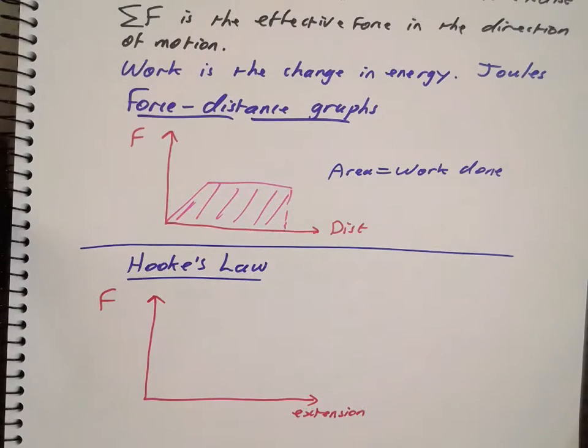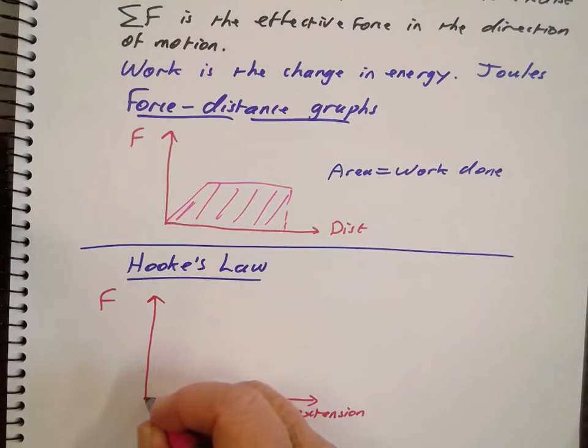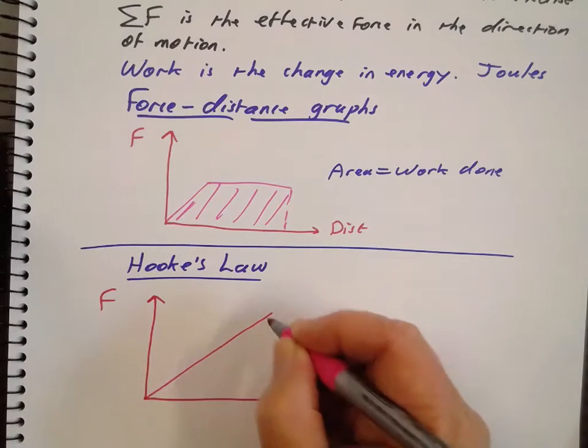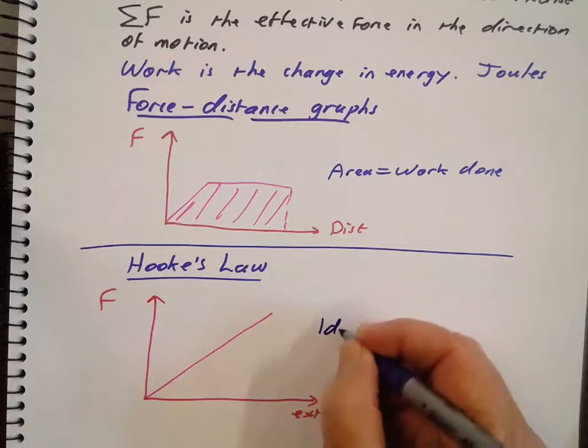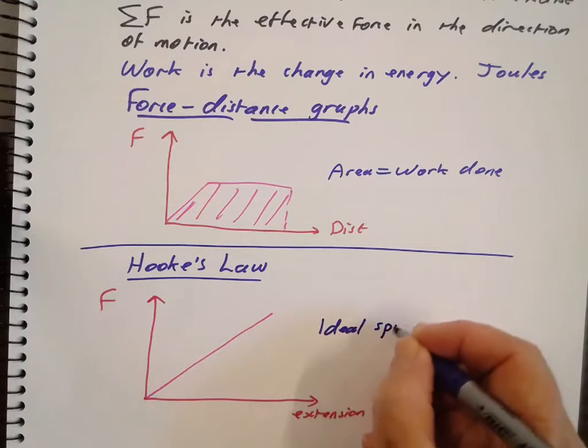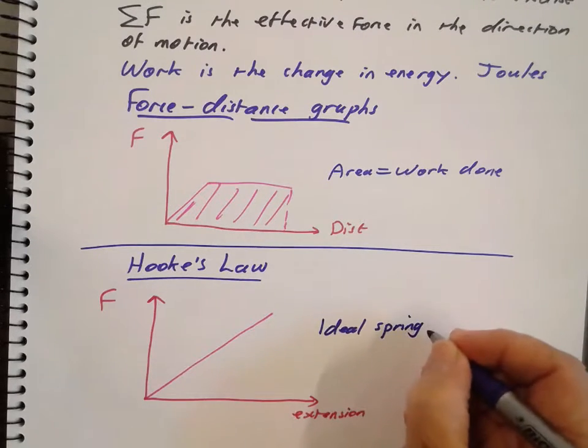When you graph the change in length for an ideal spring, you get a straight line graph through the origin. We should note that this is an ideal spring or an ideal piece of elastic. Real ones don't have quite such perfect graphs.